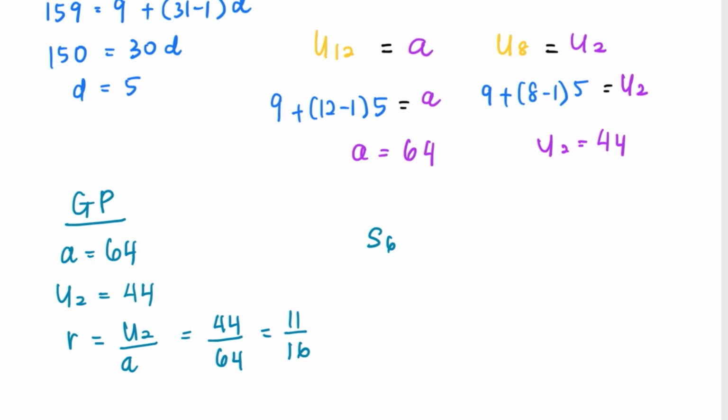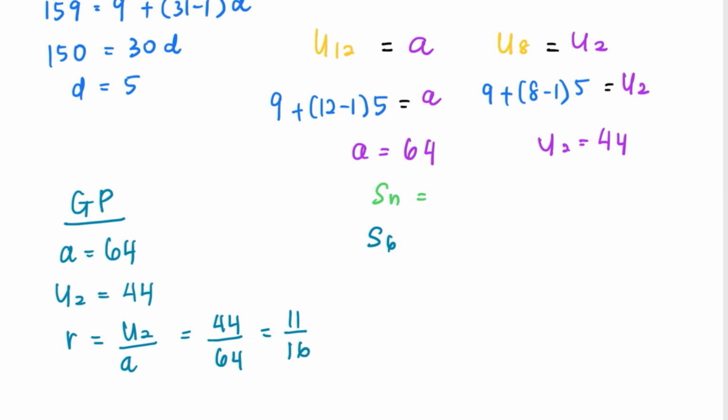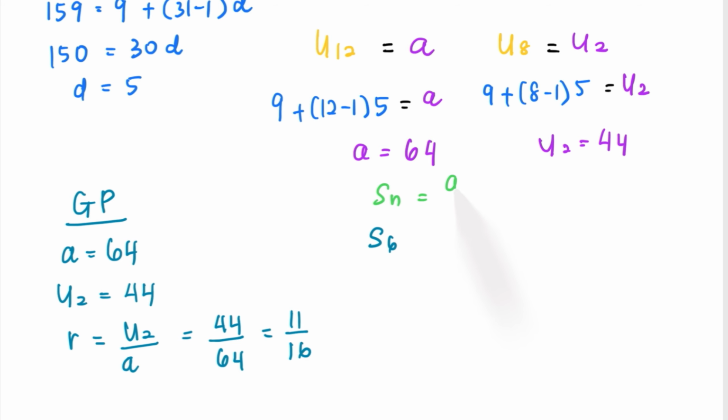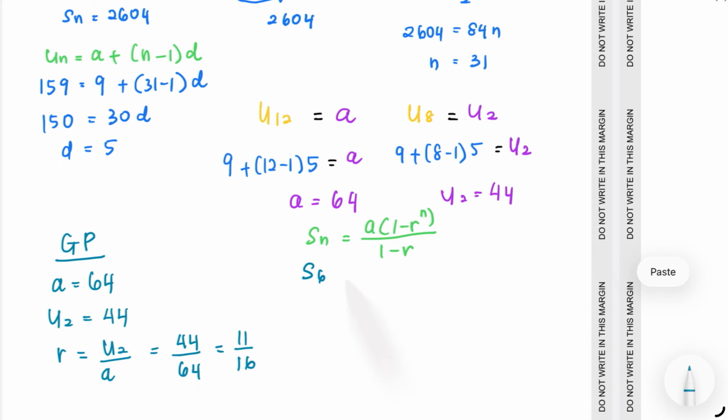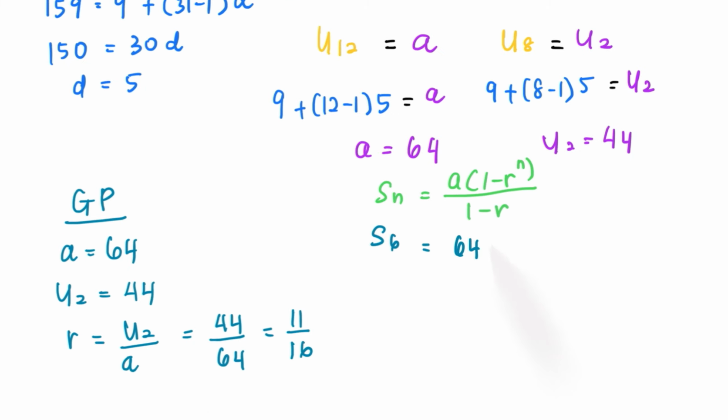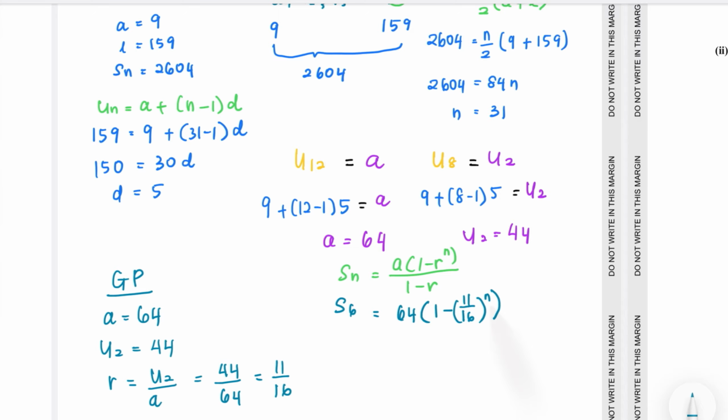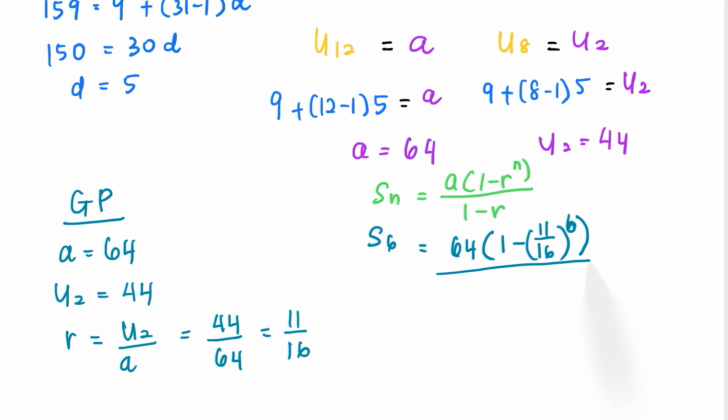Now S6. Sn for geometric progression is equal to A times 1 minus R to the power of n divided by 1 minus R. Since we already have all the information needed, A is 64, 1 minus 11 over 16 to the power of 6, close the bracket, over 1 minus 11 over 16.